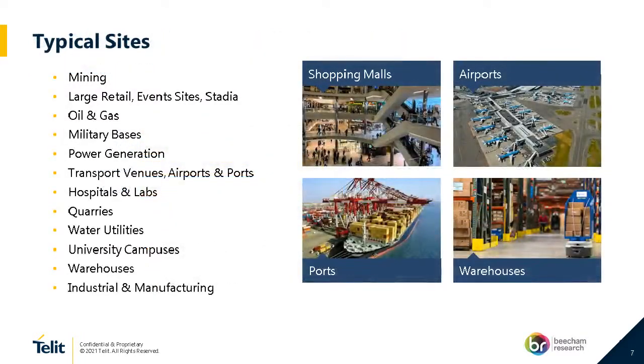Now, looking at the possible typical sites where private networks are deployed, there are several use cases that can be mentioned here. So mining is one segment where usually there is no coverage of a mobile network operator at all, or shopping malls, so large retail areas, oil and gas, military bases, power generation, and in this case also Release 16 will become relevant for the low latency capabilities, in particular to synchronize the power generators with other generators.